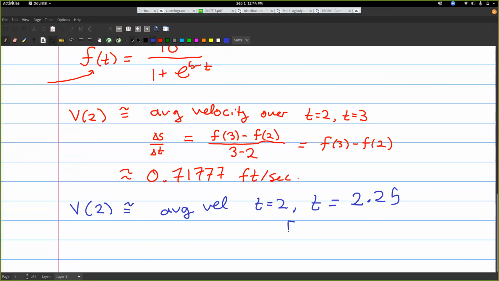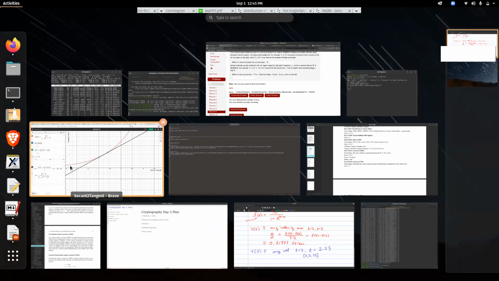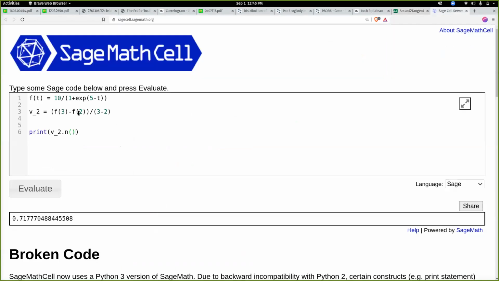So now this will be average velocity over a time interval that's more like what's happening near 2. So let's go back to the program. So now instead of f of 3 minus f of 2, we can do f of 2.25 minus f of 2 divided by 2.25 minus 2 on the bottom.